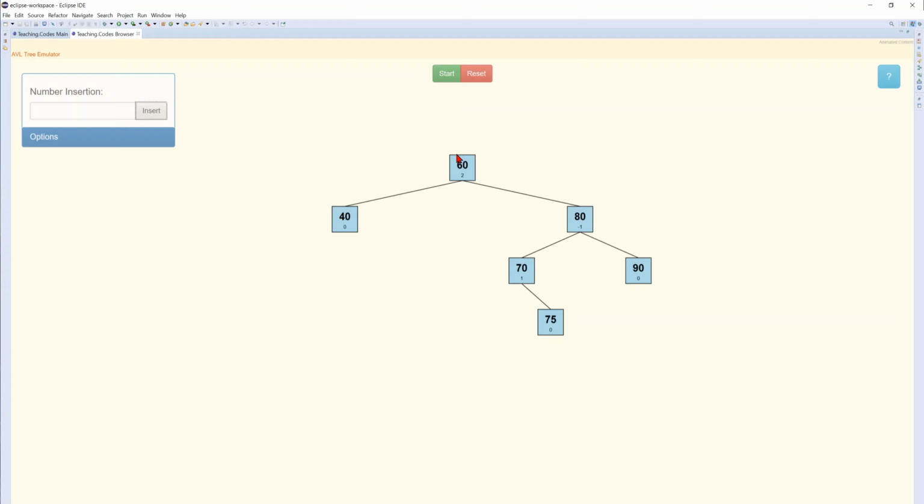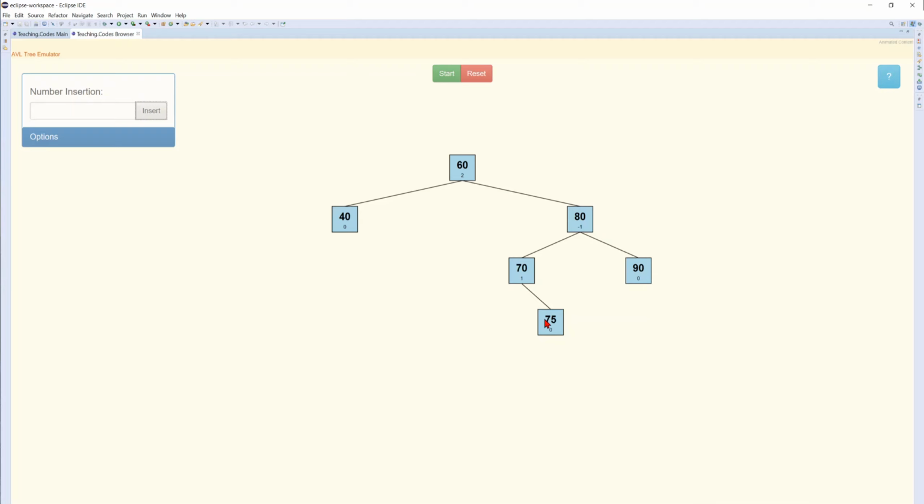So if I can somehow put all the load on the outer edge here, then I know how to solve it. I can just do a left rotation to solve it.